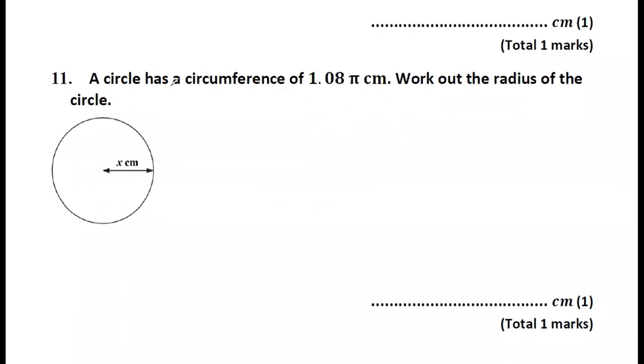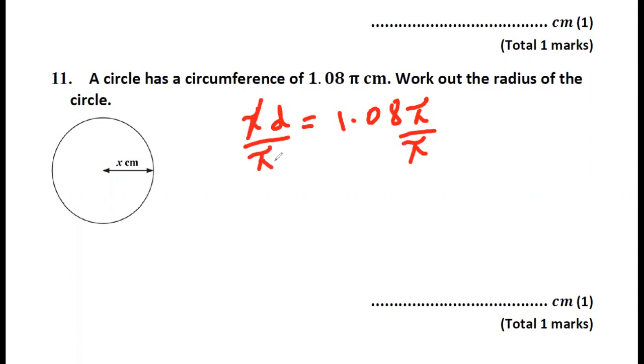Let's move to another question. It says a circle has a circumference of 1.08 pi centimeters. Work out the radius of the circle. As we know, the formula for circumference is pi times d. If pi times d is equal to 1.08 pi, then we can divide both sides by pi to get rid of pi.